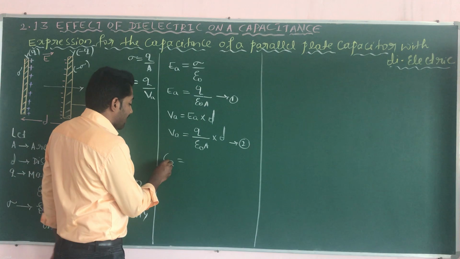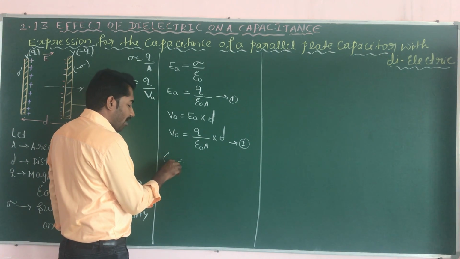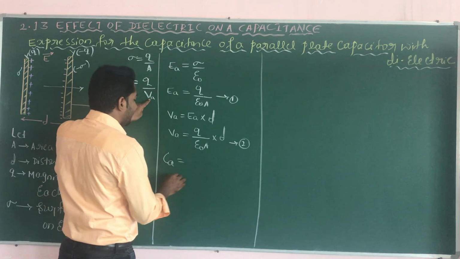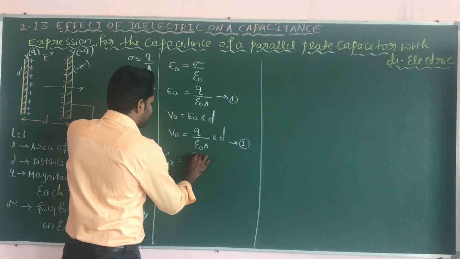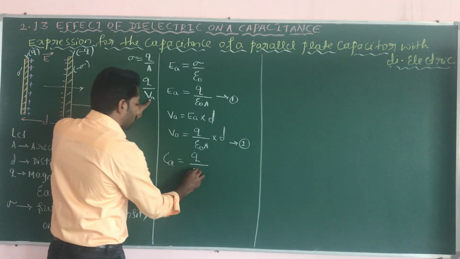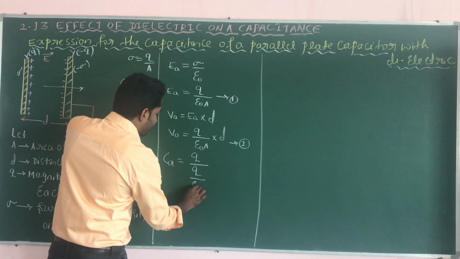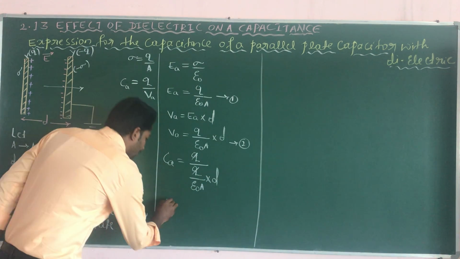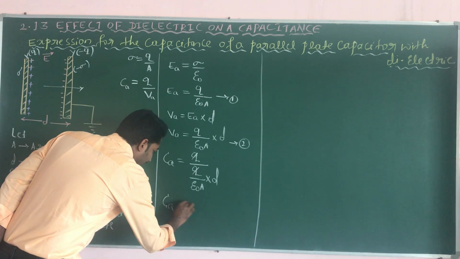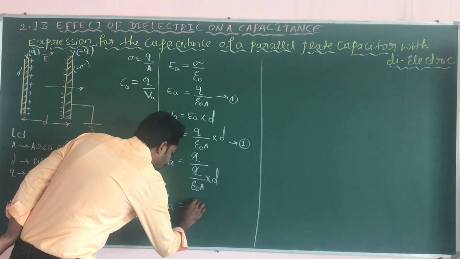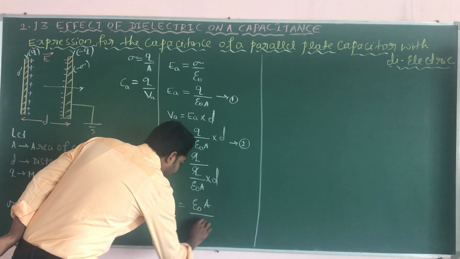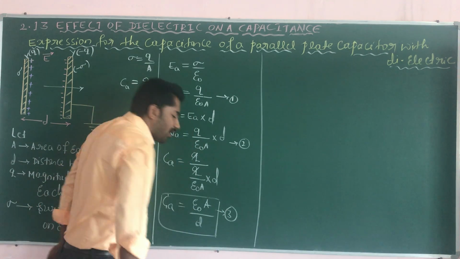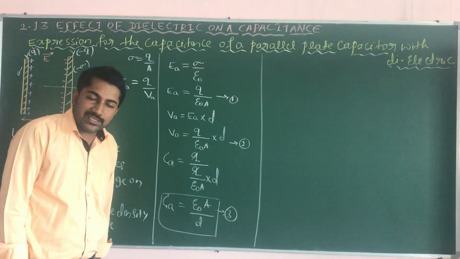Here I use C_a, the capacitance of a capacitor in air or vacuum. C_a equals Q divided by V_a, which is Q divided by Q d over epsilon naught A. Q and Q get cancelled. We get C_a equals epsilon naught into A divided by d. This is equation number 3, the expression for the capacitance of a capacitor in air or vacuum.